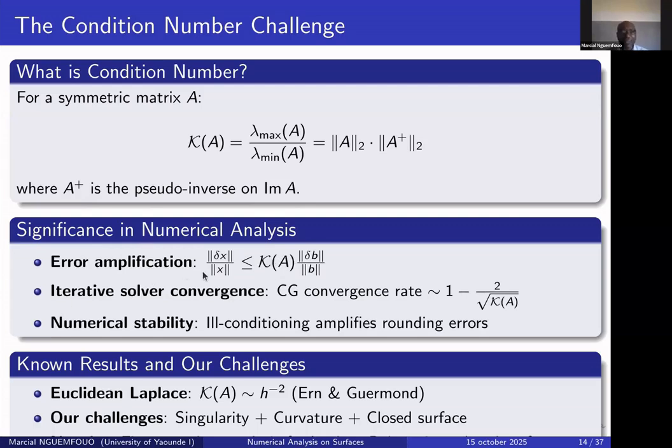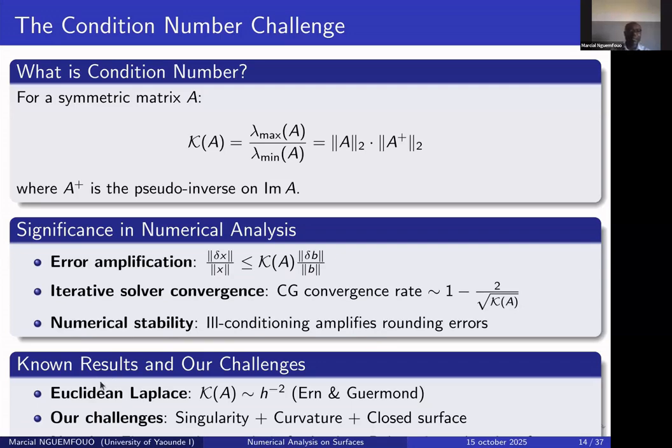Here, since our matrix is not invertible, we need to use an iterative solver whose convergence depends on the condition number. Numerical stability: if the matrix is ill-conditioned, meaning it is not well conditioned, the rounding errors are amplified.